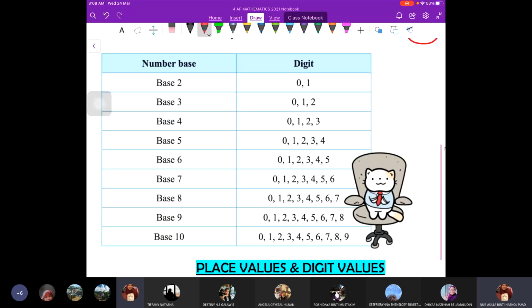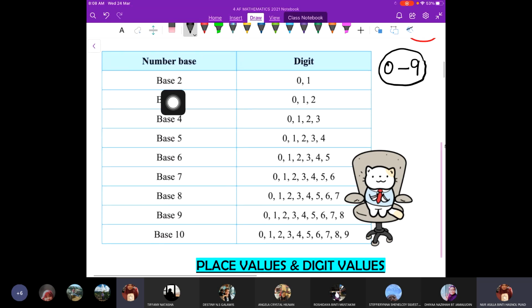Okay, if you have a digit, kan kita ada digit 0 hingga 9, you have digit 0 to 9, right? Okay, so if you have any digit between 0 to 9 and dia kata nombor itu is in base 2. Base 2, the first one. Jadi digit yang boleh digunakan untuk base 2 is only 0 and 1.